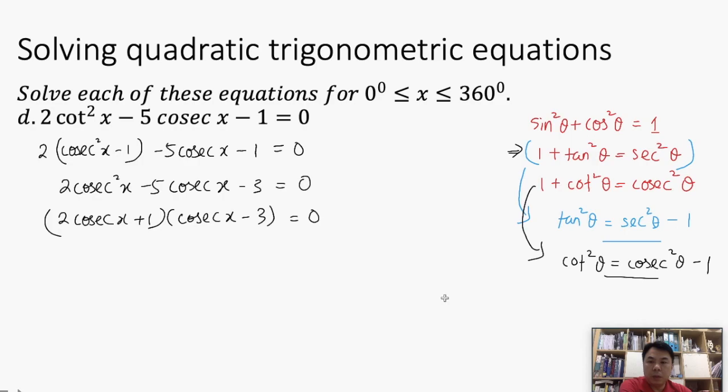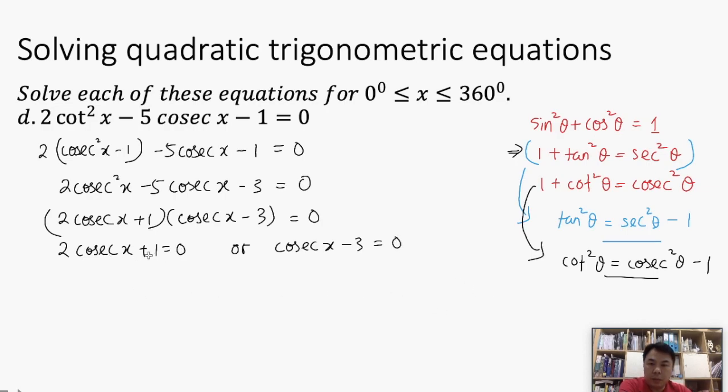Okay, just let me check that one more time in case I miss out anything. Okay, it's negative 3, negative 3. Okay, that's cool. So from here, as usual, I will have 2 cosecant x plus 1 equal to 0, or cosecant x minus 3 equals 0.